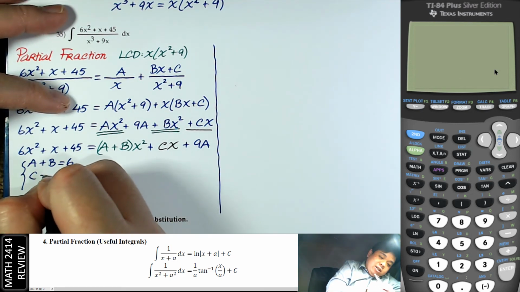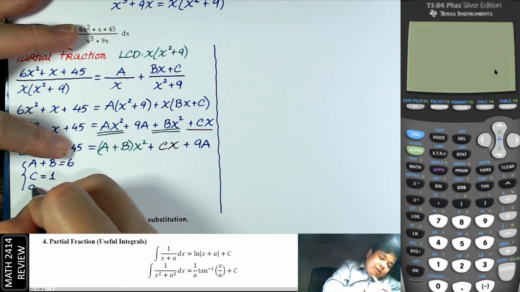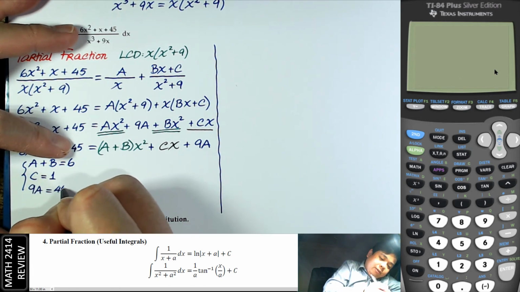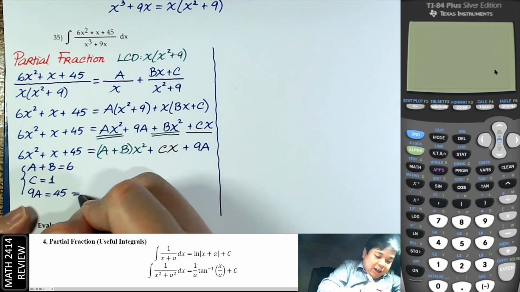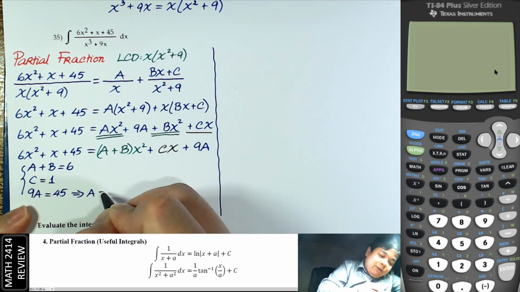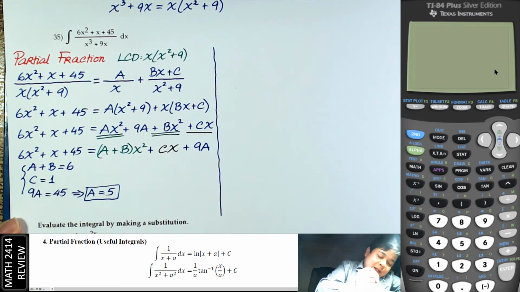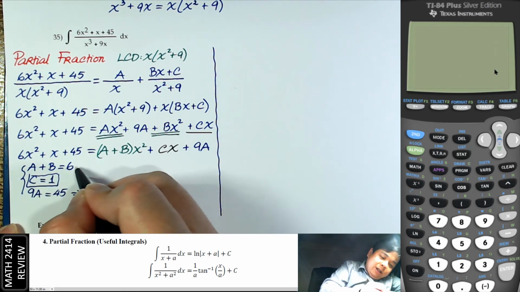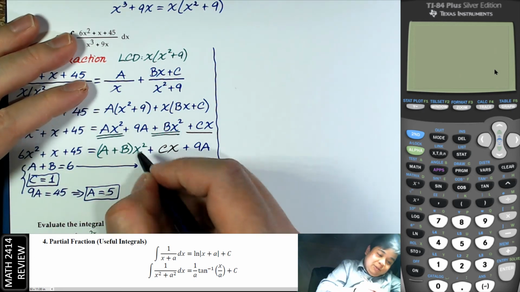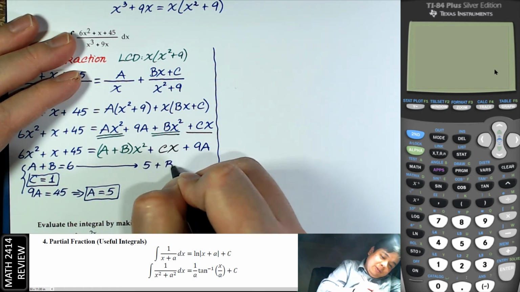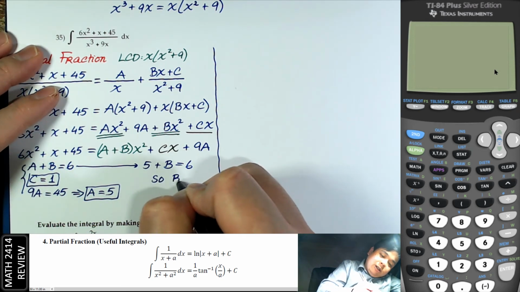That's one obvious. And 9a is equal to 45. Right, so this one definitely we just solve by hand. A is equal to 5, and c is equal to 1. The only thing left to be solved for is b. 5 is a, so b is equal to 1.